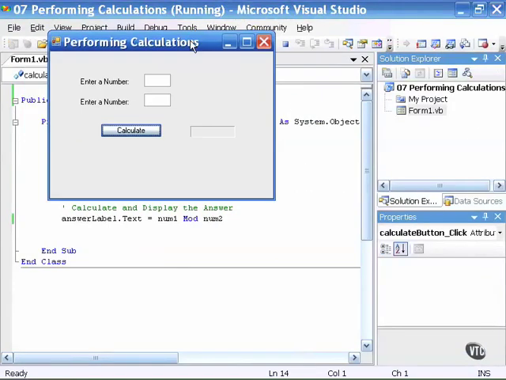We will divide 20 by 6, which means the mod remainder is 2. Since 6 goes into 20 3 times with a remainder of 2, the mod operation simply gives us the remainder.